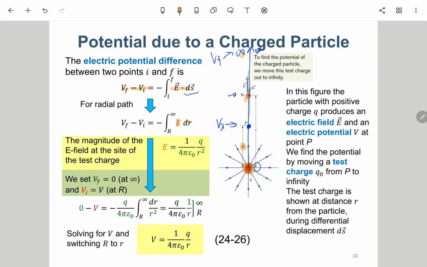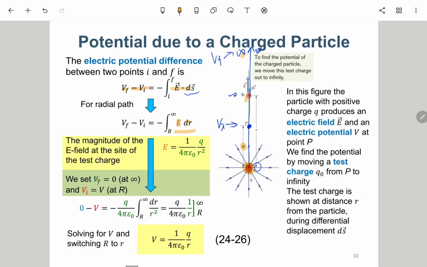So E and ds point in the same direction, so it becomes E times dr. The integration is evaluated from capital R to infinity. This makes sense, hopefully.